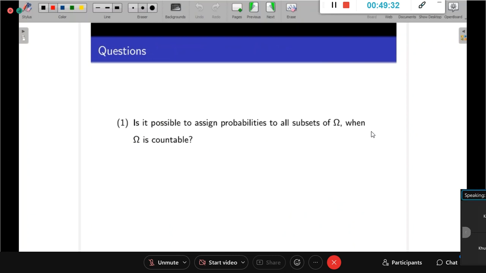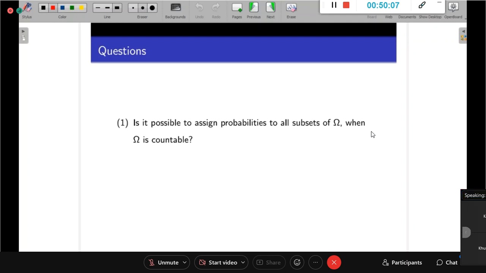Now this is an important question. For a finite collection, you know the classical method to assign the probabilities. If omega is a sample space which has only finitely many possible outcomes, like rolling a die or flipping a coin and rolling a die together, omega is still a finite sample space, and you can assume that all outcomes are equally likely.